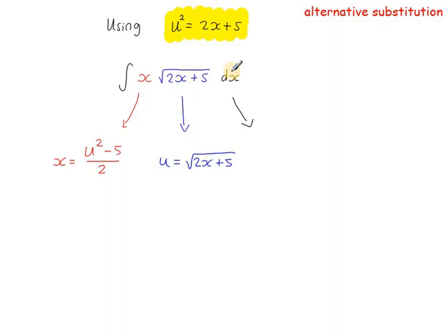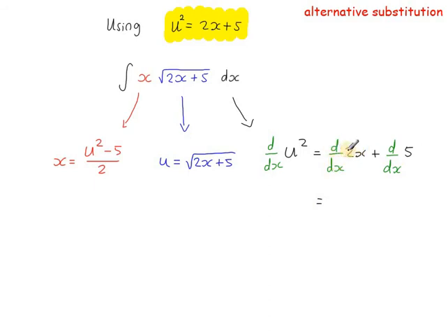and now the dx, we start off with u squared is equal to 2x plus 5, and we need to differentiate all of these terms with respect to x. Okay, so we're just differentiating this. Now the right hand side is straightforward.